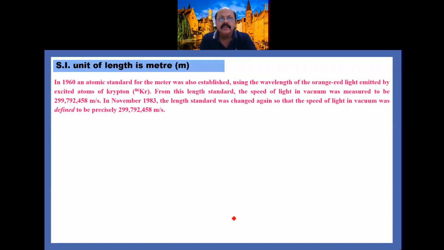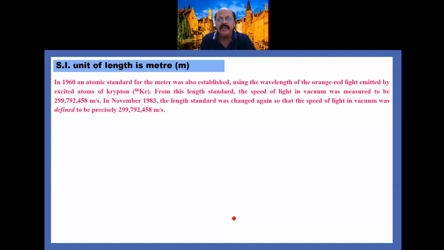But the value which we are getting of 1 meter is not so precise. So that's why in 1983 this definition was modified, which gives a more precise value, and that definition of length was changed.